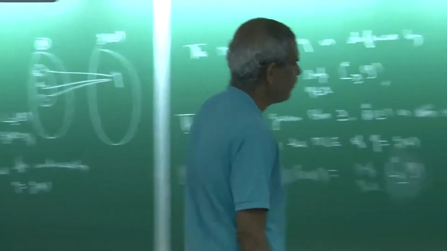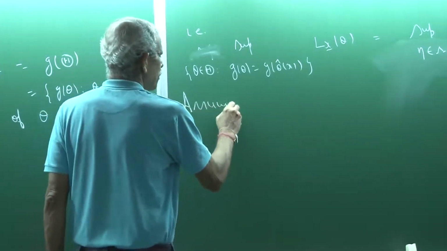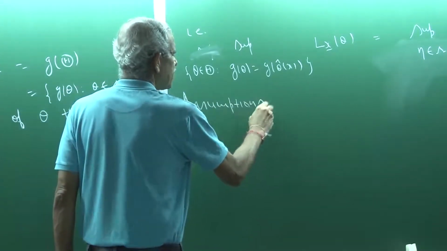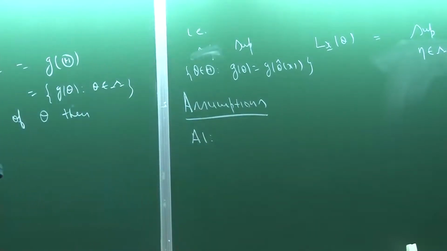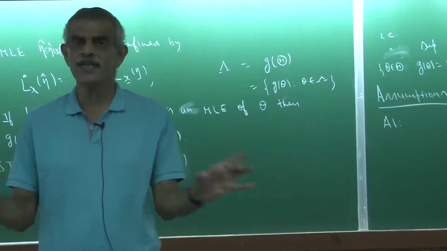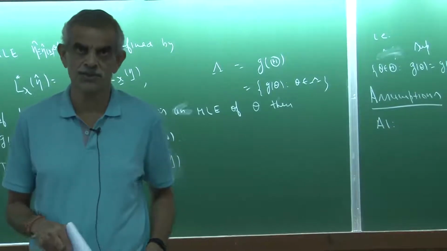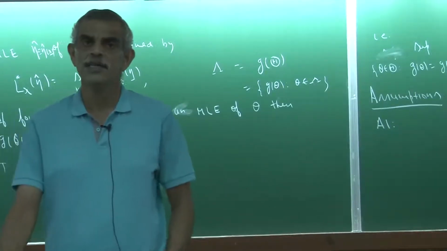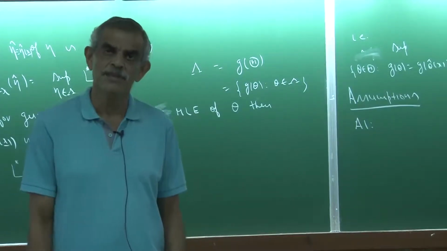To do that, first let's add some assumptions. The first assumption is my model is identifiable. Identifiable means that if for two different theta i's my probability distributions are the same, then theta 1 has to be the same as theta 2. So two different points in the parameter space cannot give me the same probability distribution.